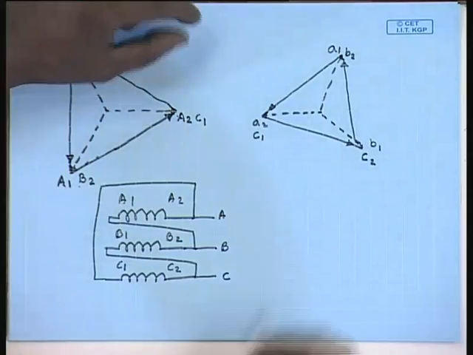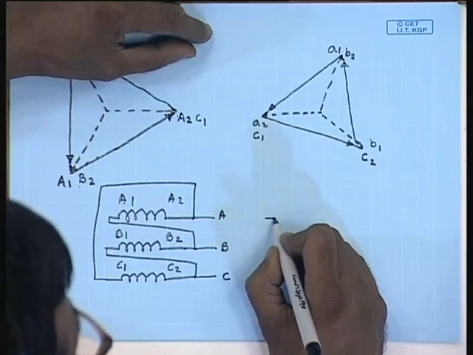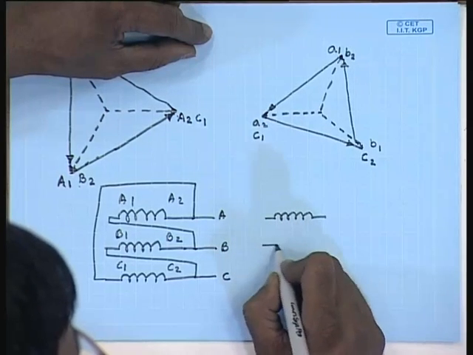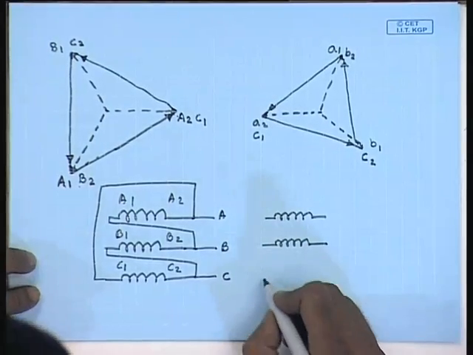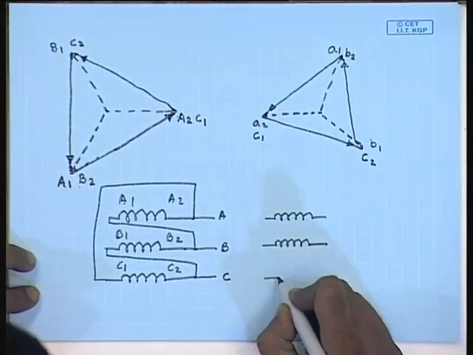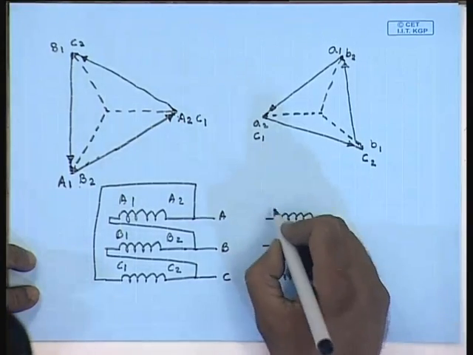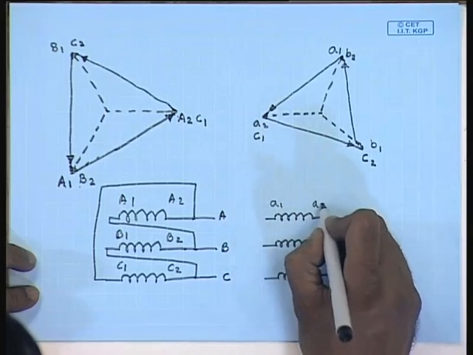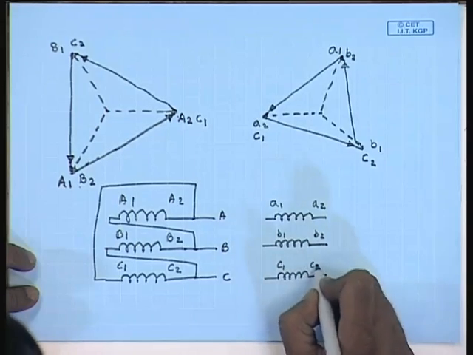On the low voltage side also, this is A1, A2, B1, B2, C1, C2.